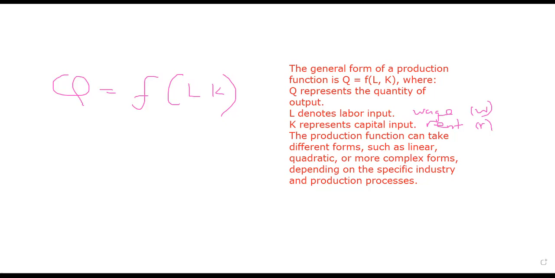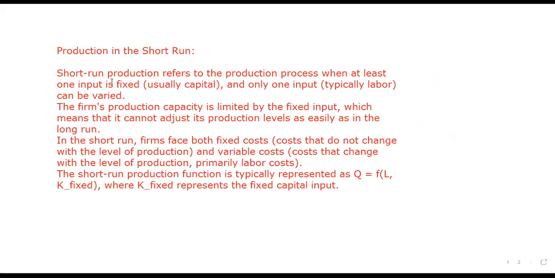We'll delve into that as well, but just to quickly guide you, short run is observed as follows. When the short run occurs, one input is fixed, and that input is usually what? Capital. And one input is varied, and that is usually labor.